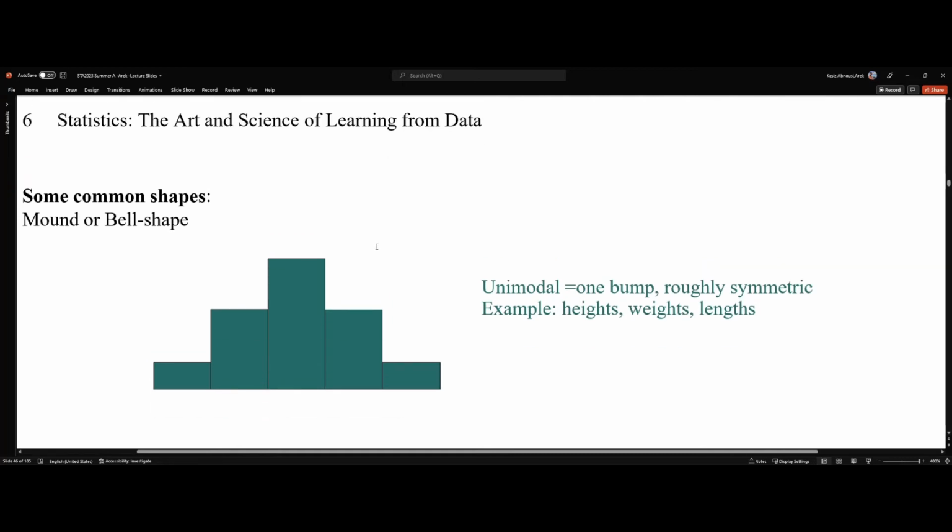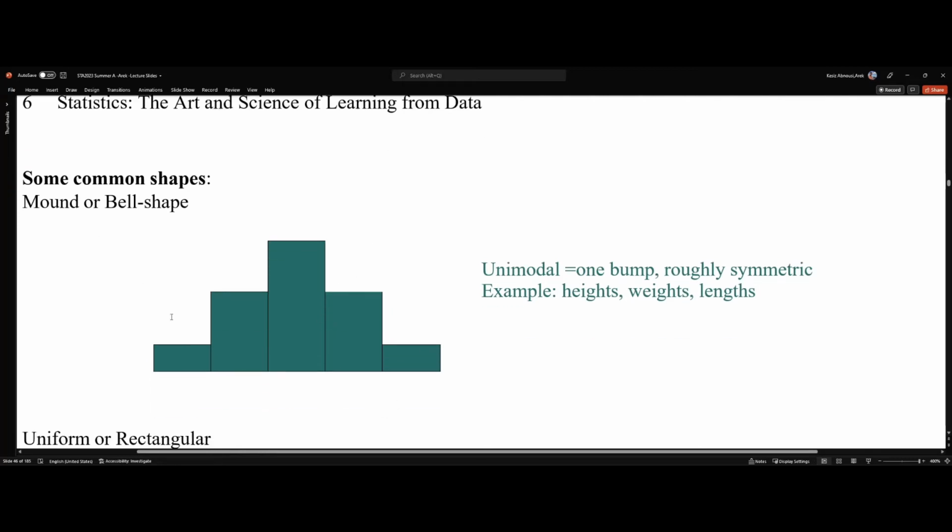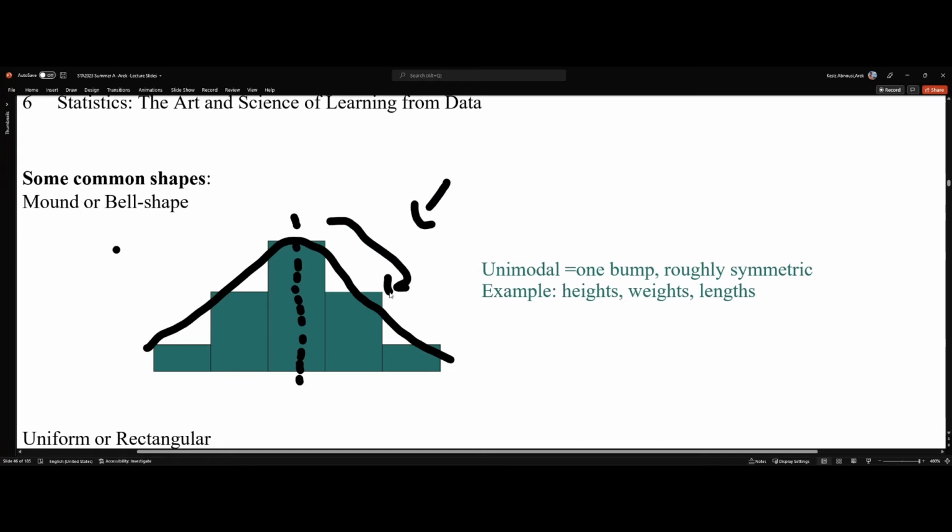shapes and distributions. So this is bell shaped and it's symmetric, because if we draw a line, it's bell shaped, and we know this because if we draw a line, it looks like this. And it's symmetric because each data point on the right of this, over here and here, is symmetric to each other.